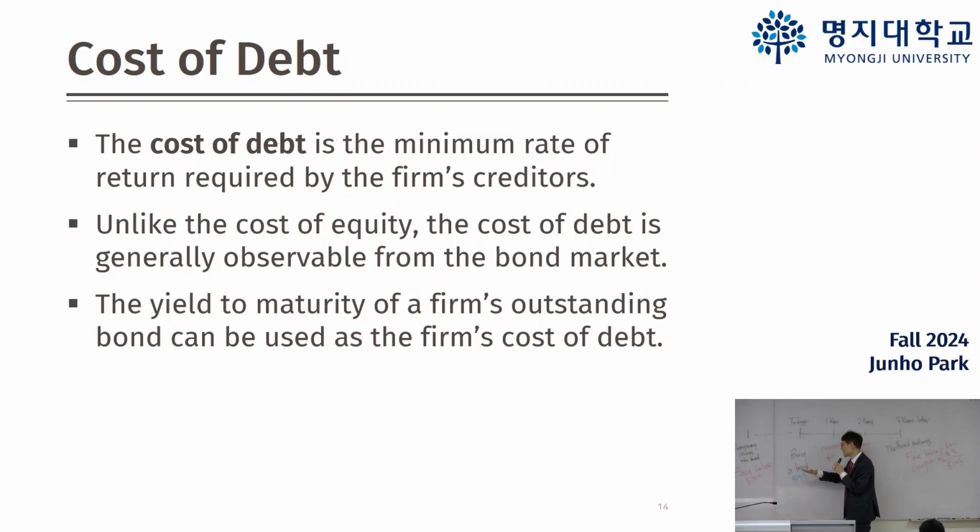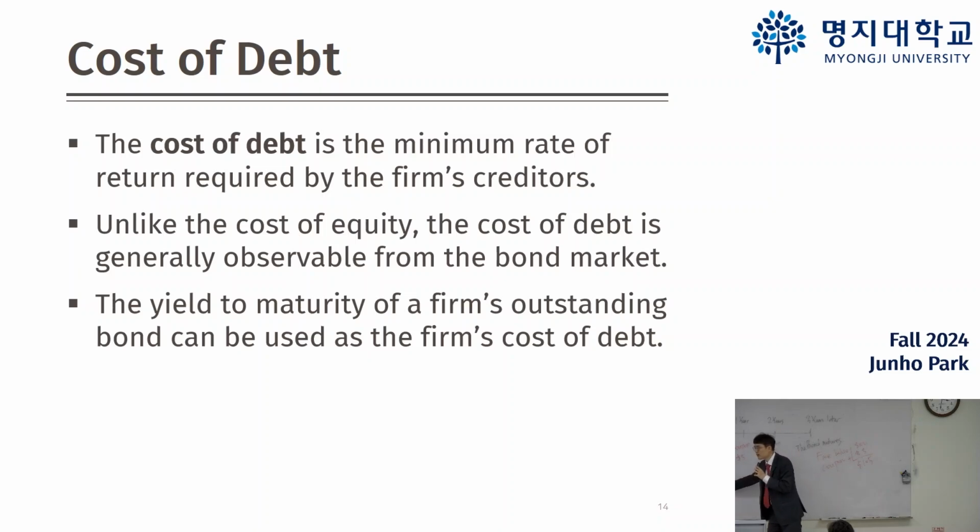So anyway, we got $98 as the price. Then what is your rationale? Your rationale is this: I bought this bond at $98 today, and this should be related to the benefits that you can have from now on.